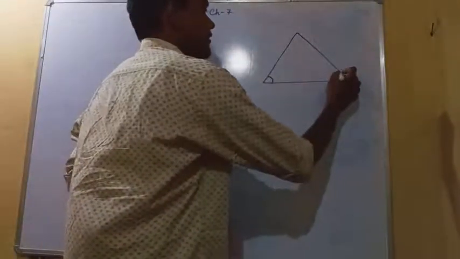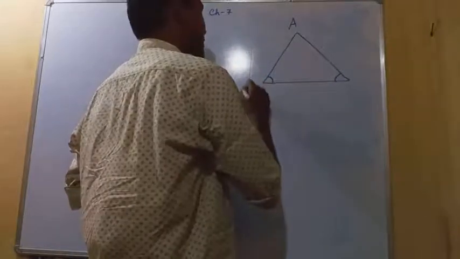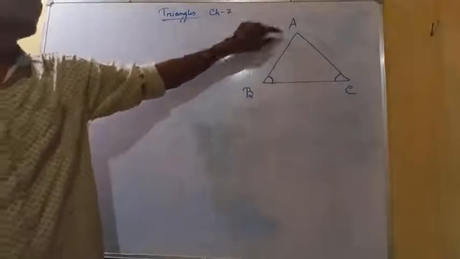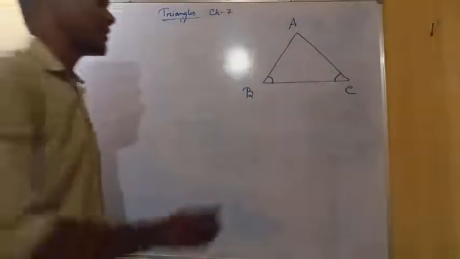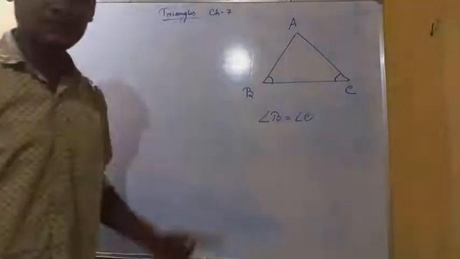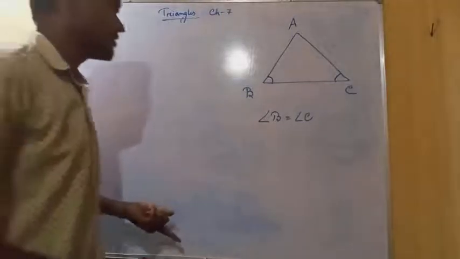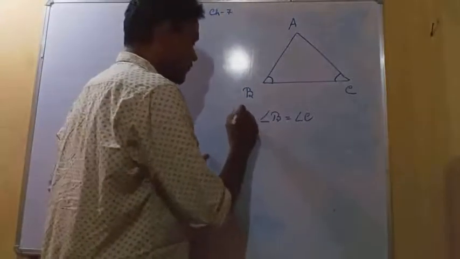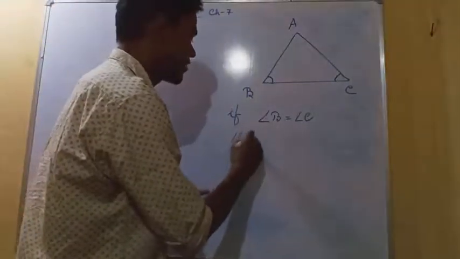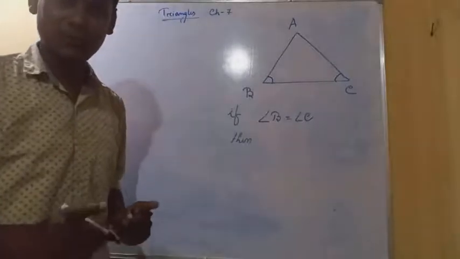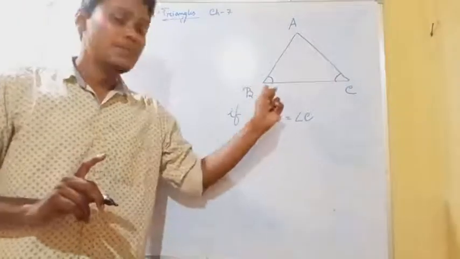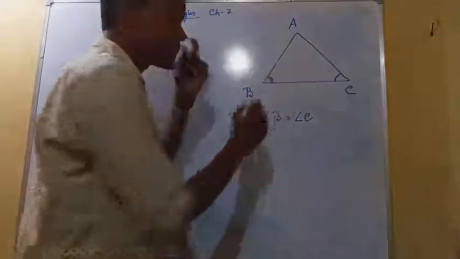In this theorem, which is the converse of the previous theorem, this is a triangle ABC in which angle B is equal to angle C. The condition is: if angle B is equal to angle C, then what is the side opposite to angle B?